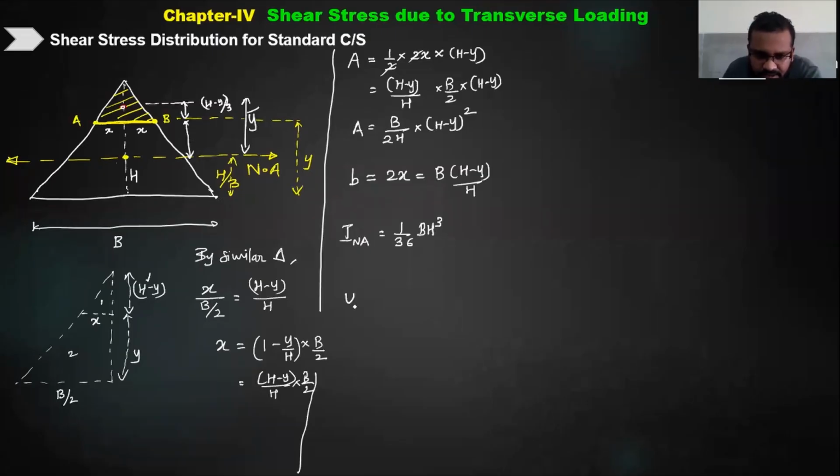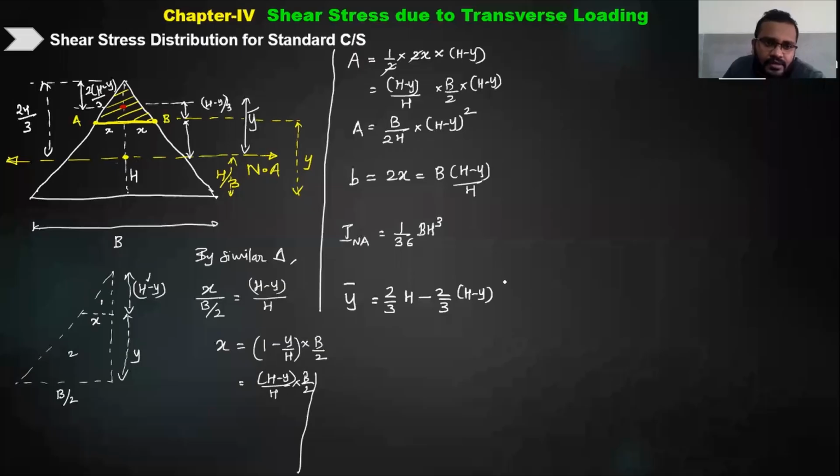Either way it can be done. We know this height is 2h by 3. If I subtract the upper part from 2h by 3, that will be 2 times (h minus y) by 3, so I can write 2 by 3 h minus 2 by 3 (h minus y). Is it so?